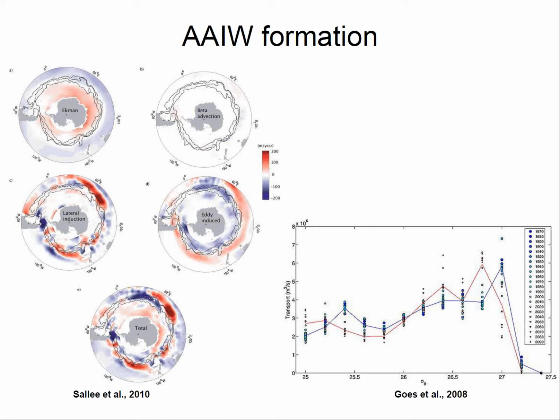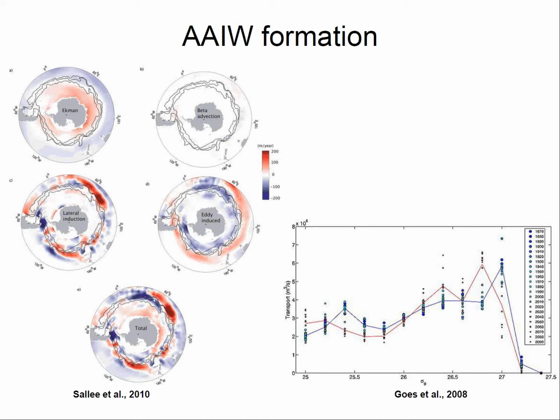And the formation of water with respect to the outcropping density in the ocean, we see there's a paper from 2008, and here the blue curve is for the 20th century and the red curve for the 21st century.